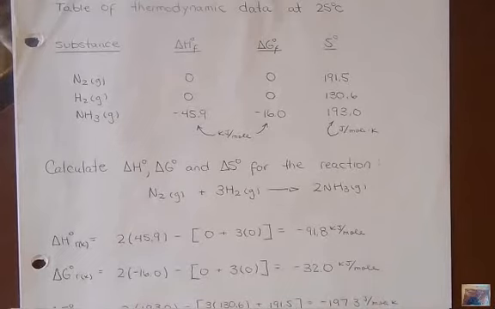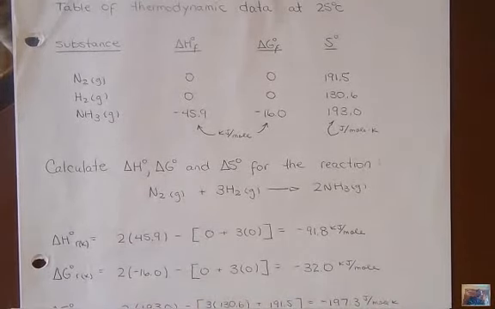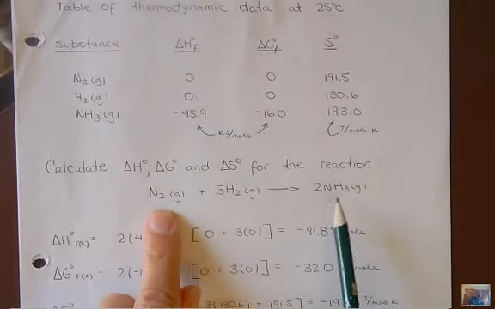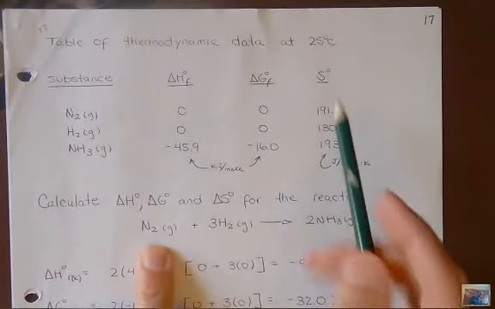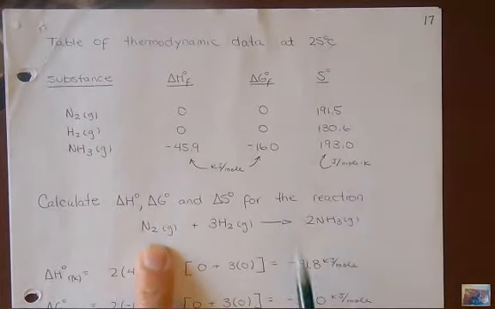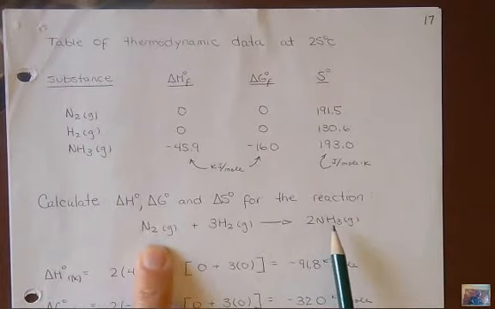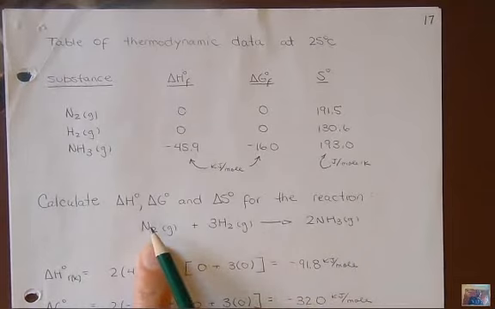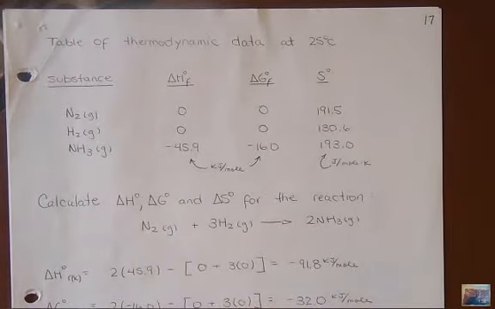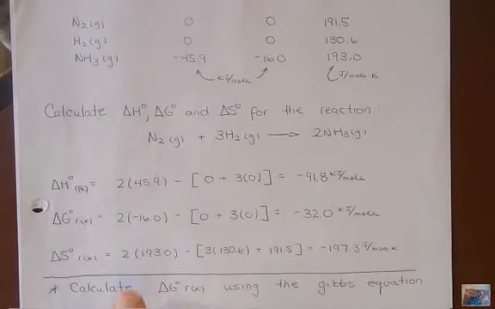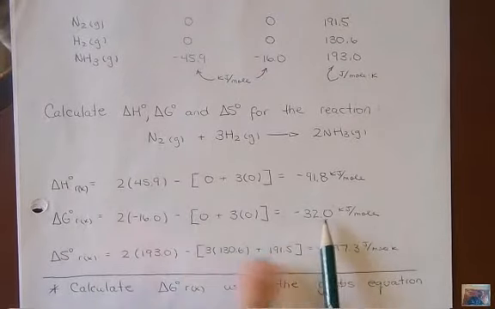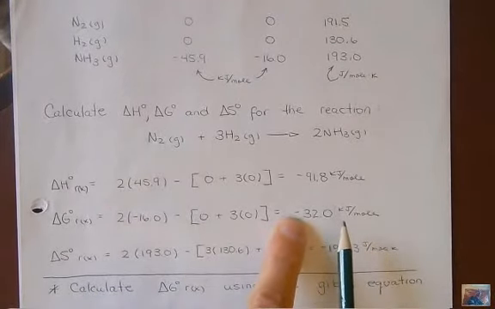Under standard conditions, and now we're doing a gas phase reaction, so I should talk about partial pressures. If I had a container at 298 kelvin, which is 25 degrees Celsius, with 1 atmosphere of pressure of ammonia, 1 atmosphere of hydrogen, and 1 atmosphere of nitrogen, I would expect that reaction to start to occur.